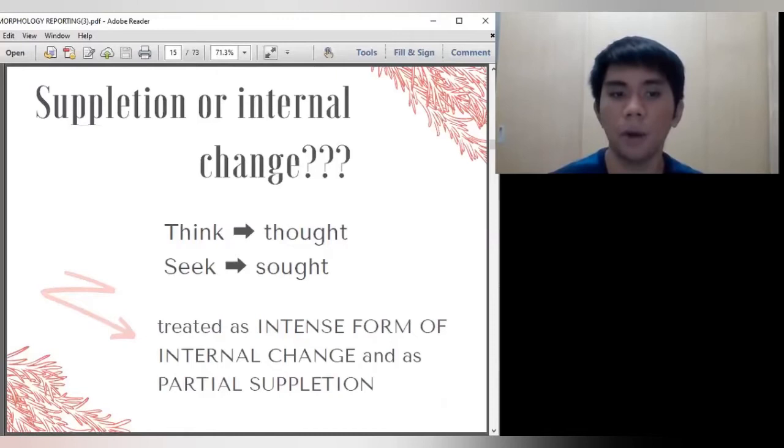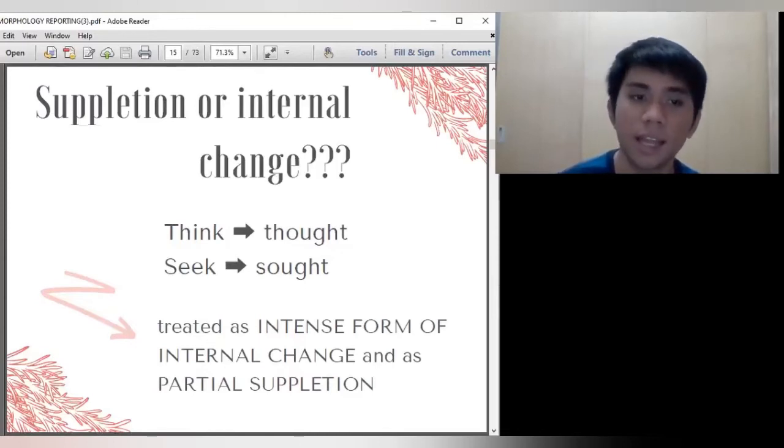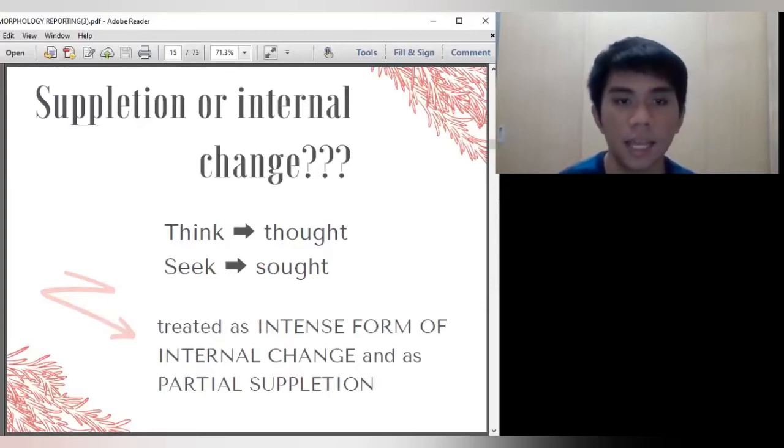It's just a partial suppletion, because we can still see remnants of the present tense form of the verbs. For example, we can still see th from think in its past tense form, which is thought. We can still see the s from seek in its new form, sought.